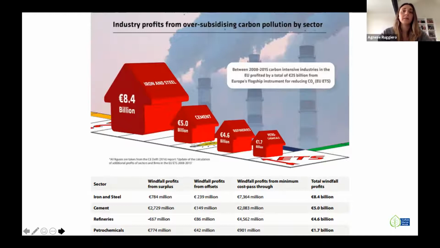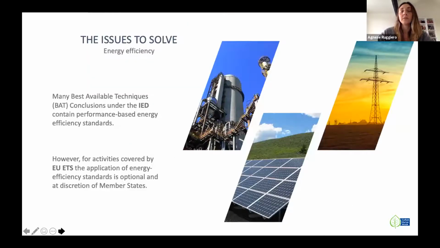So the issues to solve, in the sense, what can then be done through the Industrial Emissions Directive? We've seen that if we start regulating CO2 through the permitting, the environment permitting, so set emission limits that include also CO2.